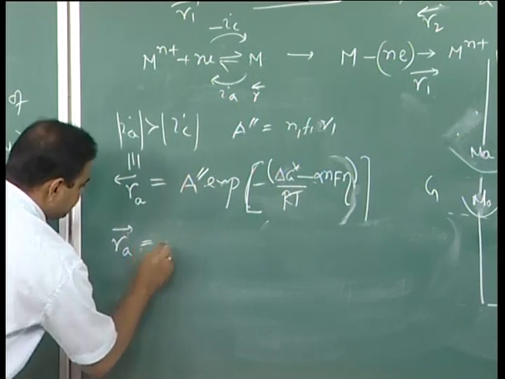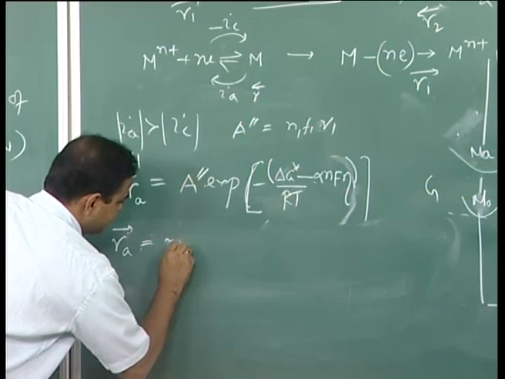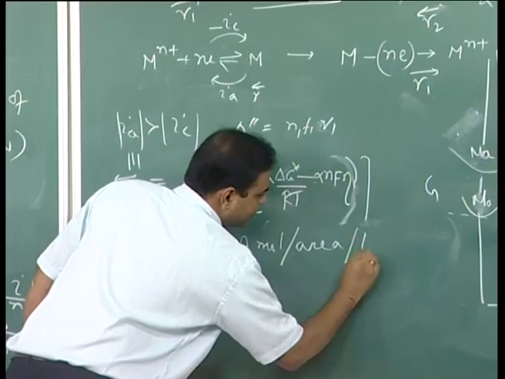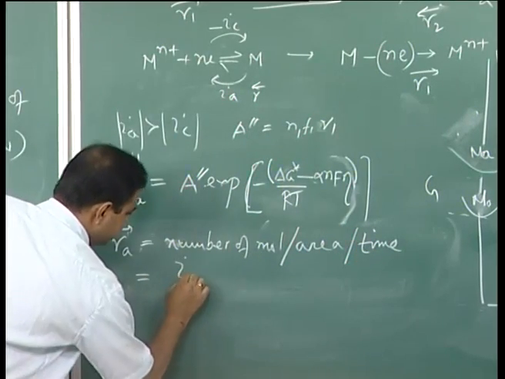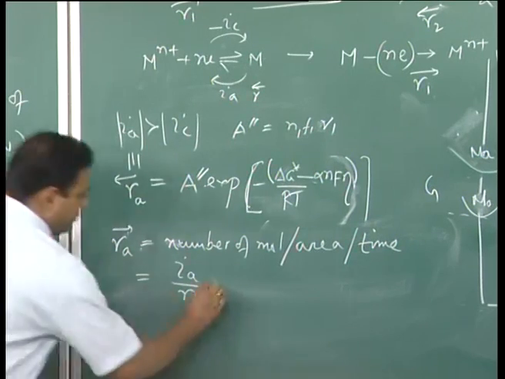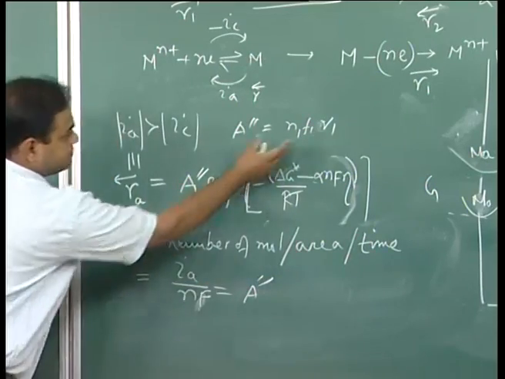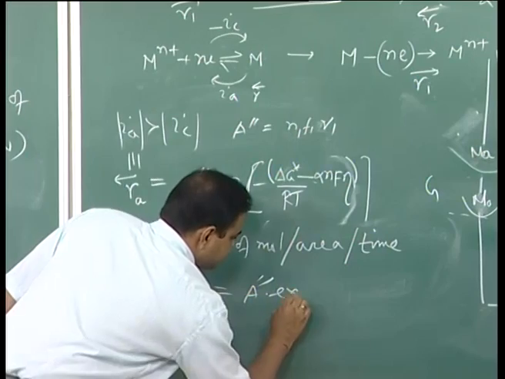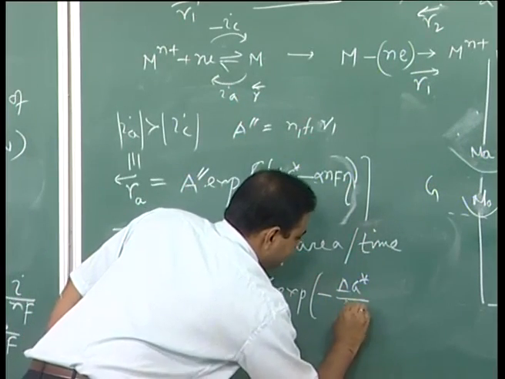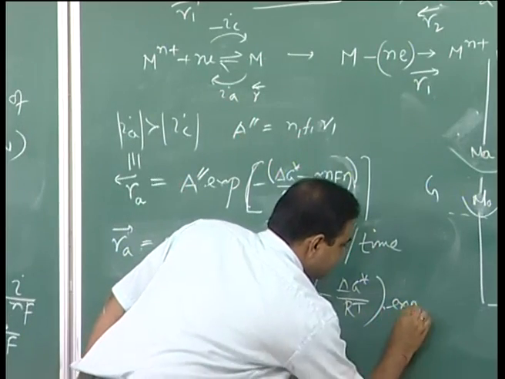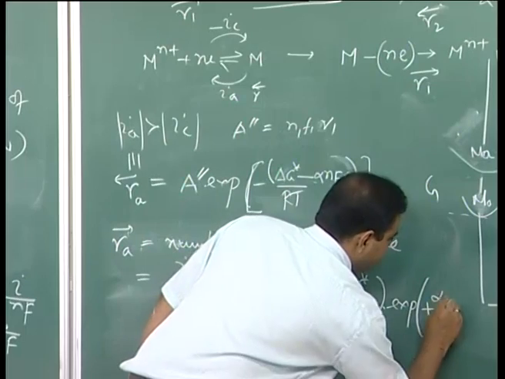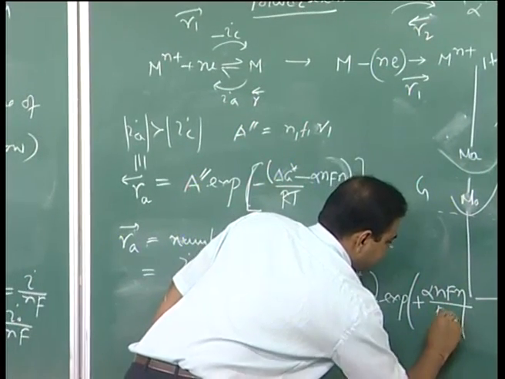R A, which is nothing but the number of moles per unit area per time, would be equal to I A by n F. That would be equal to A double dashed, which is nothing but n1 F1 nu 1 into exponential del G star by RT into exponential minus, so it will get cancelled, it will become plus alpha n F eta by RT.